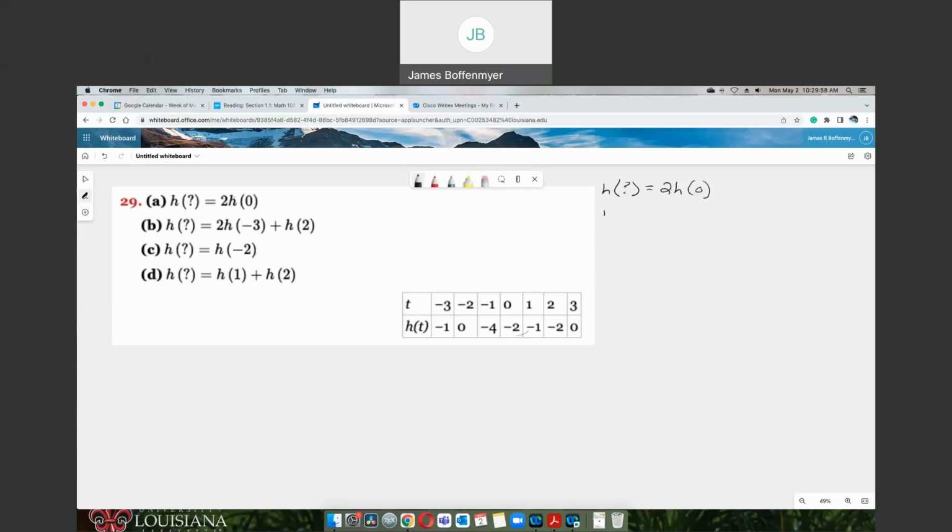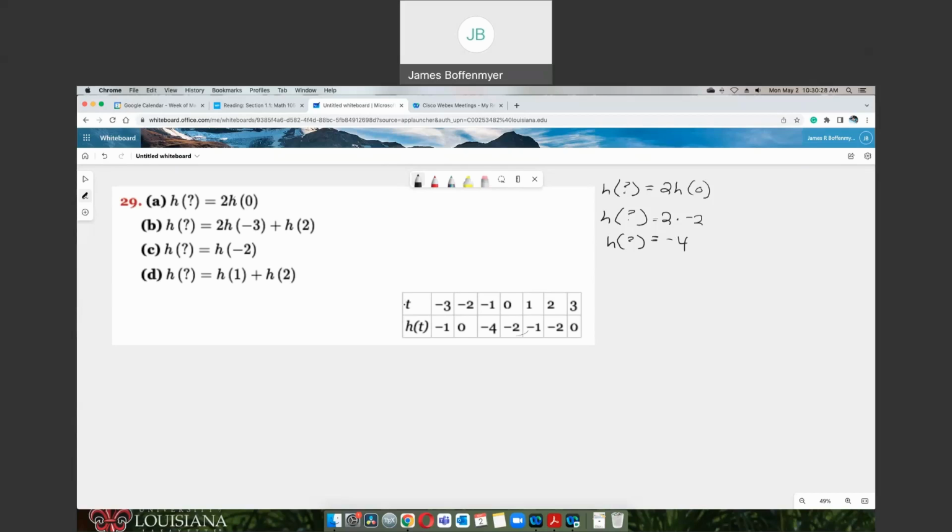So h of question mark equals 2 times -2. I was getting a little ahead of myself. 2 times -2 would be -4. So h of question mark equals -4.